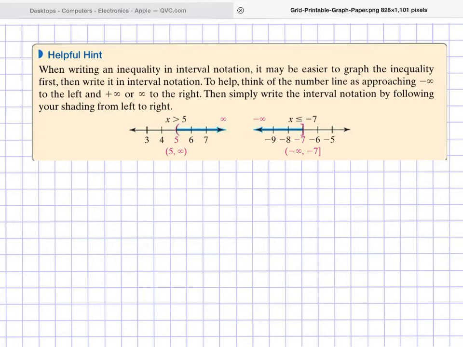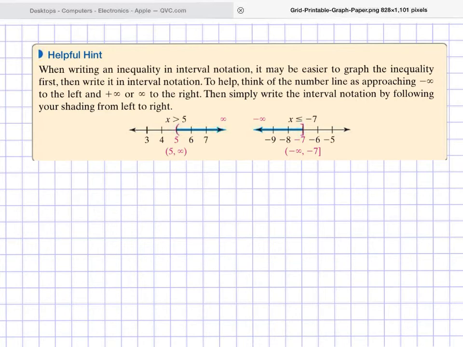Okay? But negative infinity is the direction that this arrow is going. It's going to negative infinity because it's every number that's less than -7 or equal to -7. Okay, so we approach negative infinity on the left or positive infinity on the right.